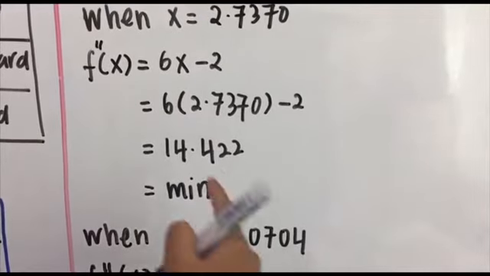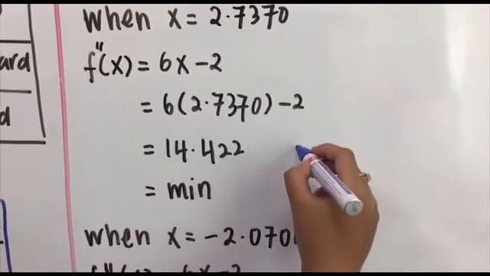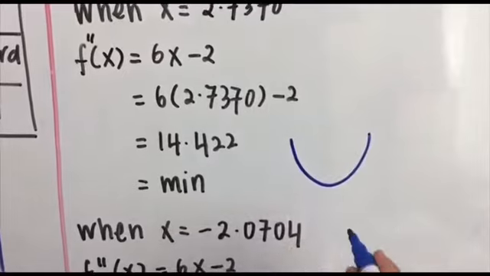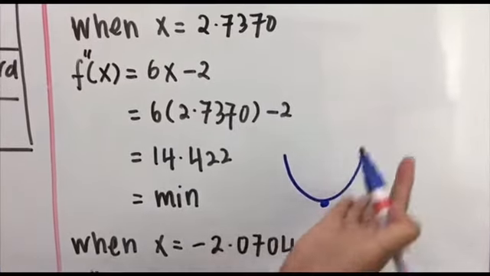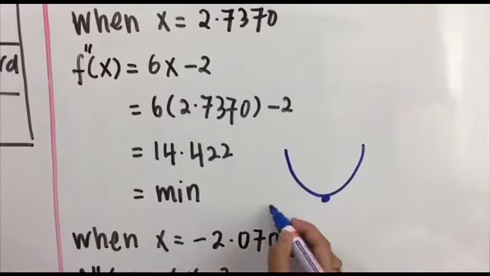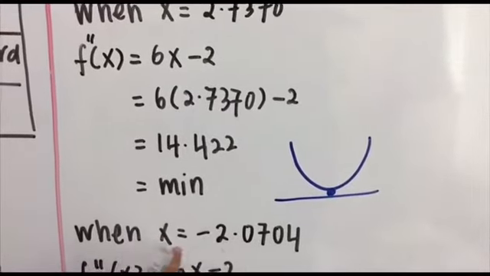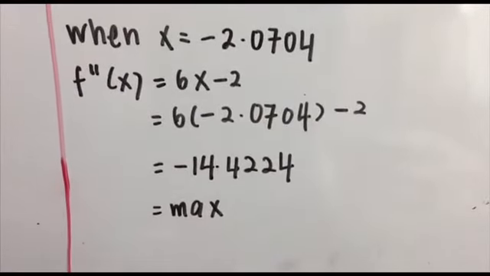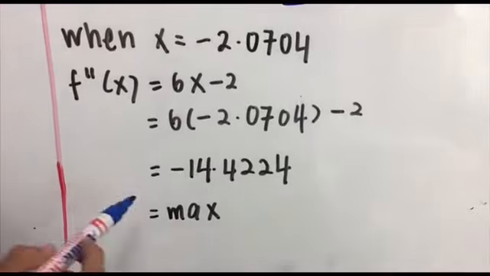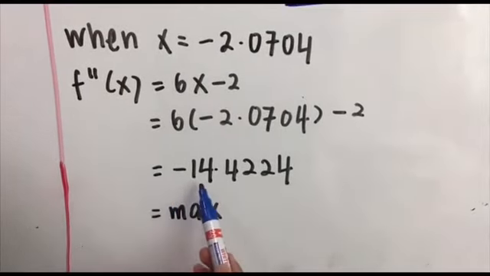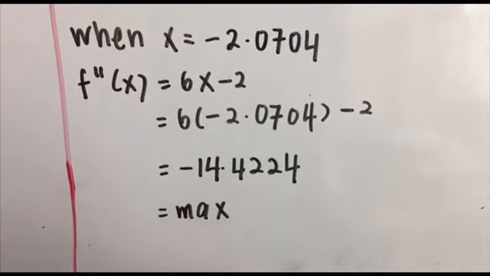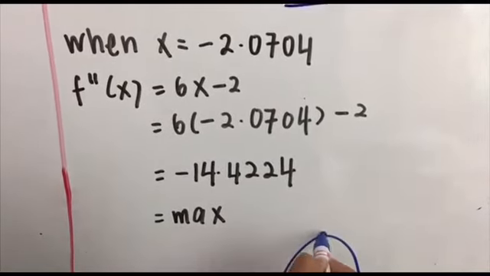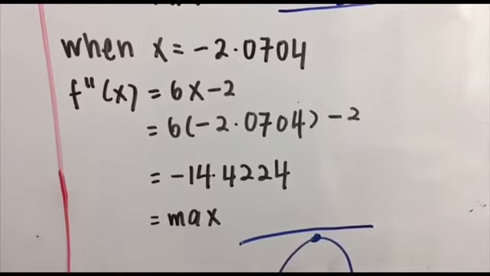As everyone knows, a positive value is drawn as a smiley, and the point is at the lower bottom, so it is a minimum. And when x = −2.0704, we get −14.4224, which is a maximum, since the point is at the top.